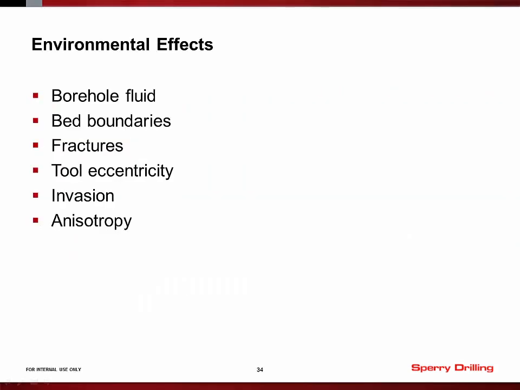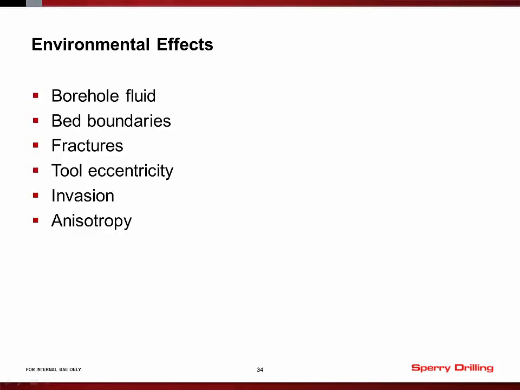Now, there are several environmental effects which can have an impact on our resistivity measurements. The borehole fluid, for example, the mud that fills the borehole, has an impact on the resistivity measurement. The tool is basically measuring all of the surrounding materials that it finds itself in, whether it's borehole or formation. They both impact the measurement.